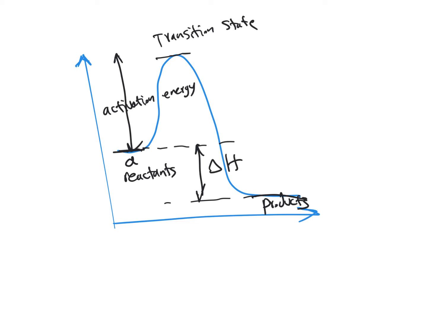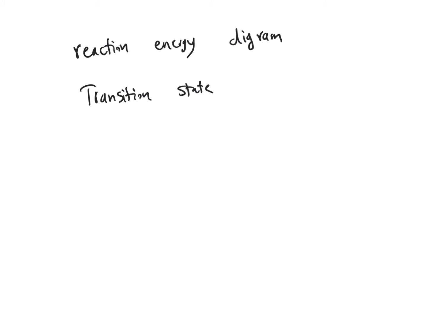And definitions. A reaction energy diagram shows the changes in energy that occur in the course of a reaction. A transition state is a structure with maximum energy for a particular reaction step. Activation energy is the difference in energy between reactants and the transition state. The activation energy determines the reaction rate.